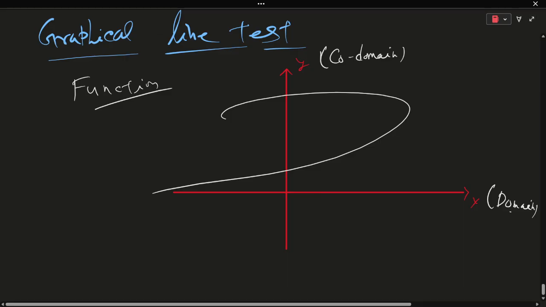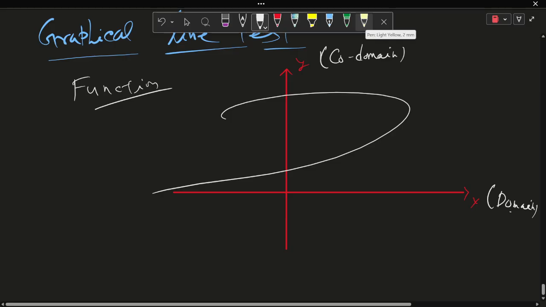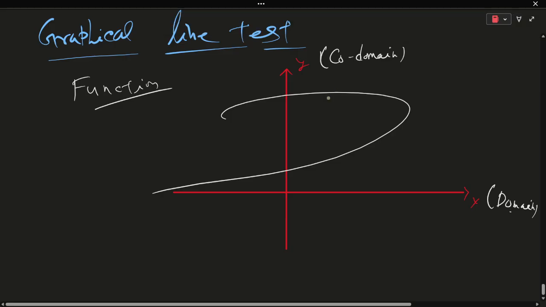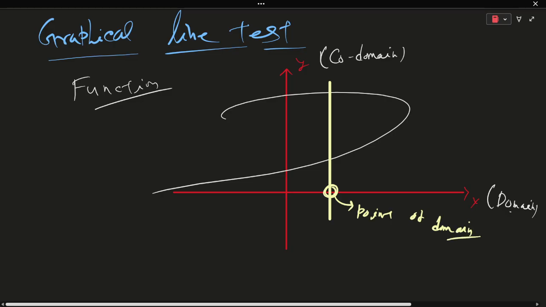Now take a vertical line. This is the vertical line, and where it meets the domain, that is an element of the domain, right?